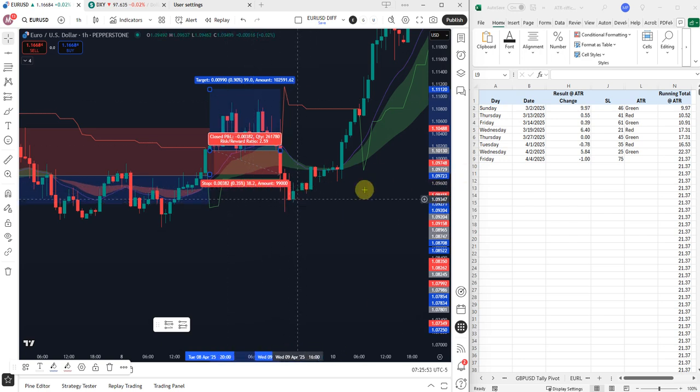Okay, so that was Tuesday the 8th. 4,825 minus 0.5 roughly, and then our stop loss was 75, and that was a green. This was a red.